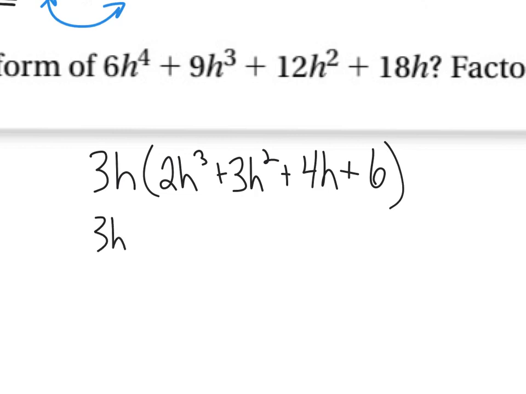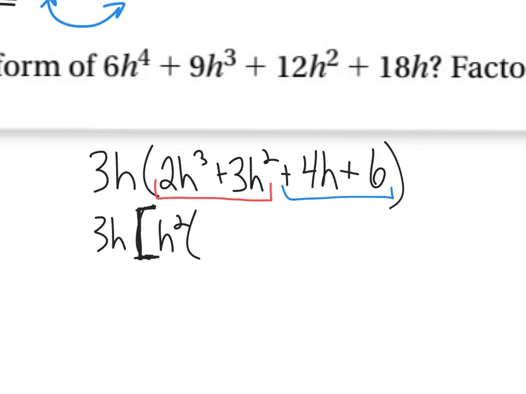Now we're ready to factor by grouping. The 3h is just going to stay out in front, and then we're going to group these up. The first set, the numbers don't have anything in common. You can say a 1 if you want. They do have an h squared in common. If you want to make this a bracket here, you can, rather than parentheses.